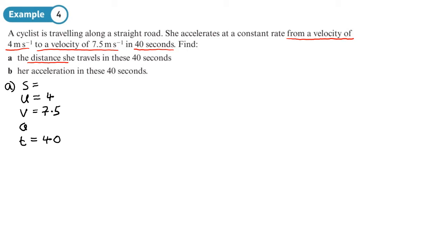Now in this case, the distance she travelled will be the displacement, because she's not moving backwards, she's just moving forwards. Okay, so this is what we need to find.